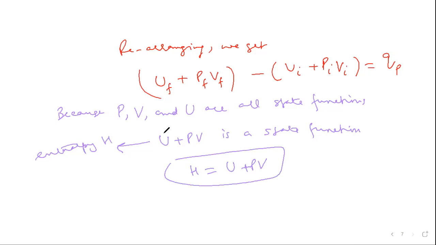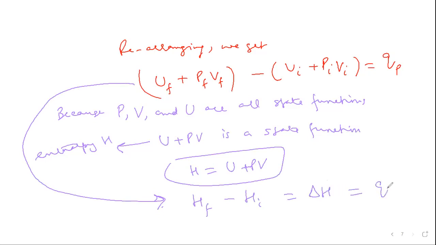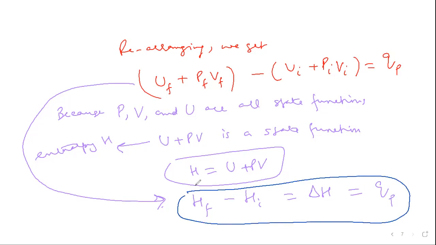So what is then this equation telling us? It is HF minus HI, which is delta H, equal to QP. It's another important result. What is HF?